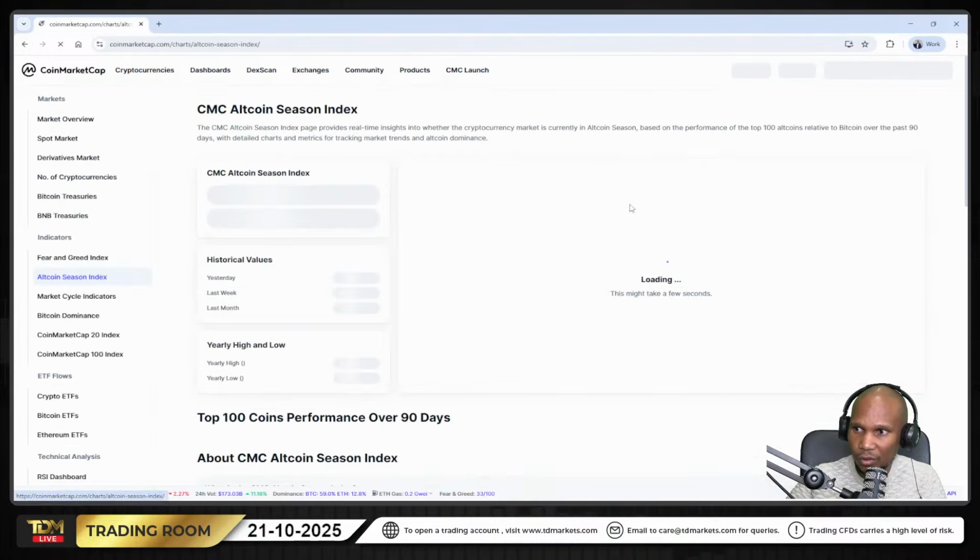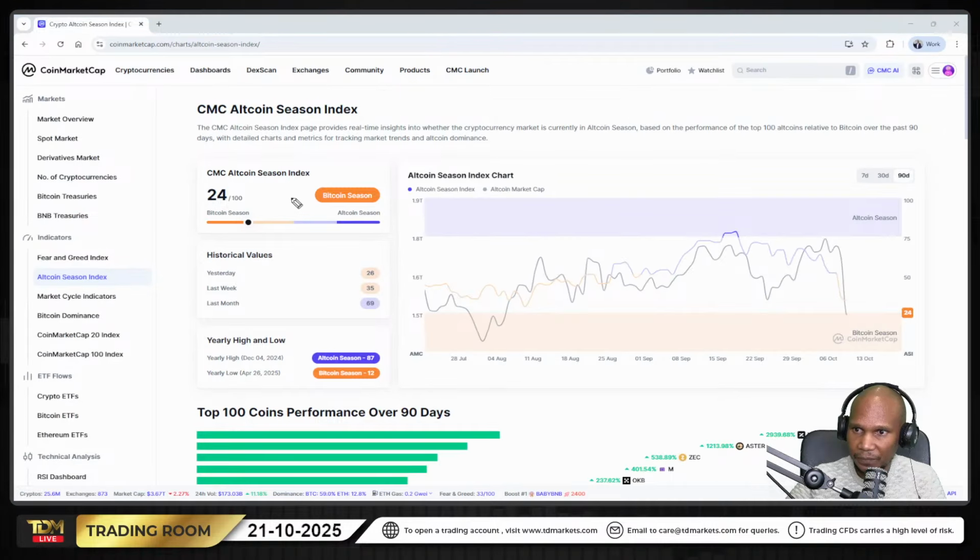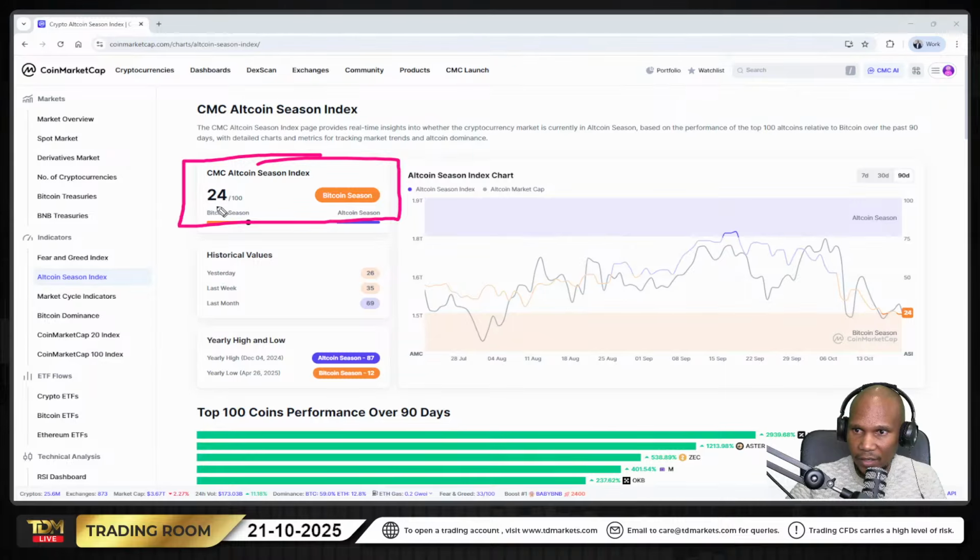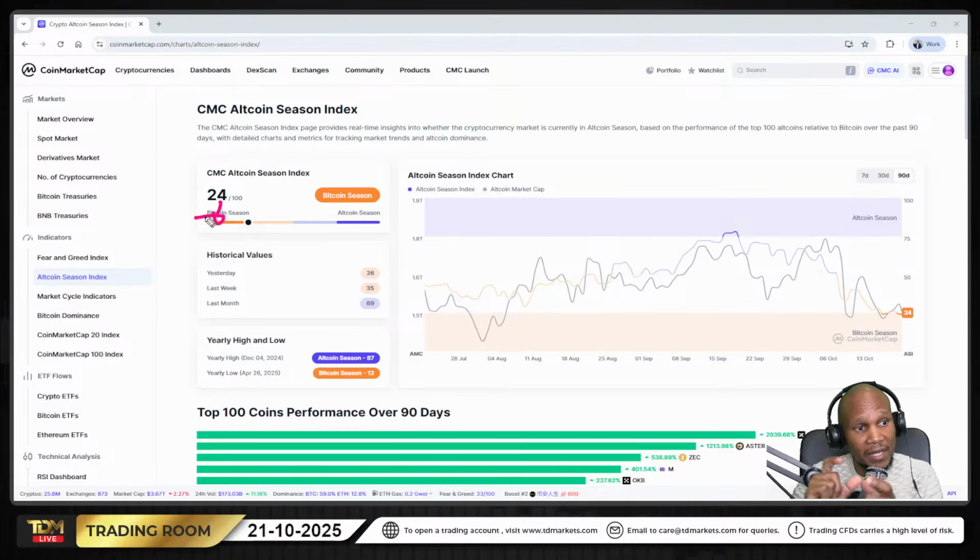And then you've got your altcoin season index, this reading. You've got this reading, right, which is 24 over 100. This means that there's about 24 best performing altcoins against Bitcoin at the moment, right? So 24 of them out of the top 100 are the best performing altcoins against the dollar, against Bitcoin. All right. So now I'm not gonna get into detail with this, but when this figure goes down, right, automatically the Bitcoin dominance is gonna rise.